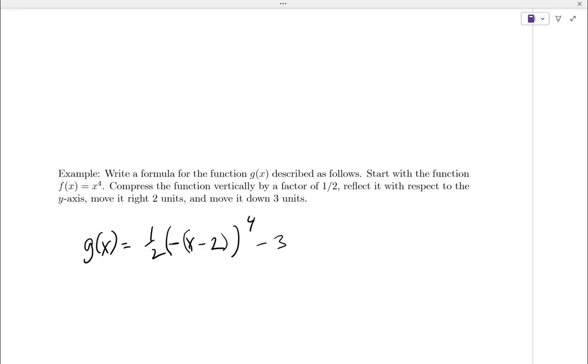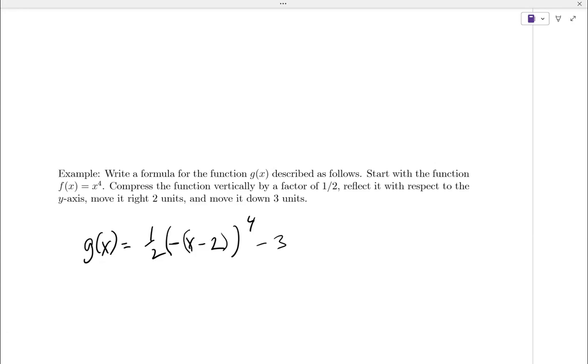What happens when you take a 4th power of a negative? What does it become? A positive. So really, I don't even need this thing in here. The reflection doesn't do anything. According to the transformations it gave us, we put the negative in there. It turns out we don't really need it for this particular problem. Generally speaking, we do, but for this particular problem, we don't.